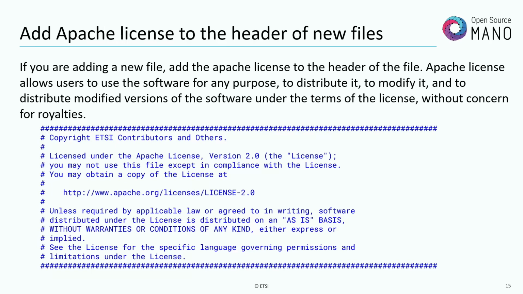First, we need to check, if we add a new file, does this file have the Apache license? Why do we need this license? This license allows users to use the software for any purpose, to distribute it and modify it. So this is an open source project, and each file needs to include this Apache license.